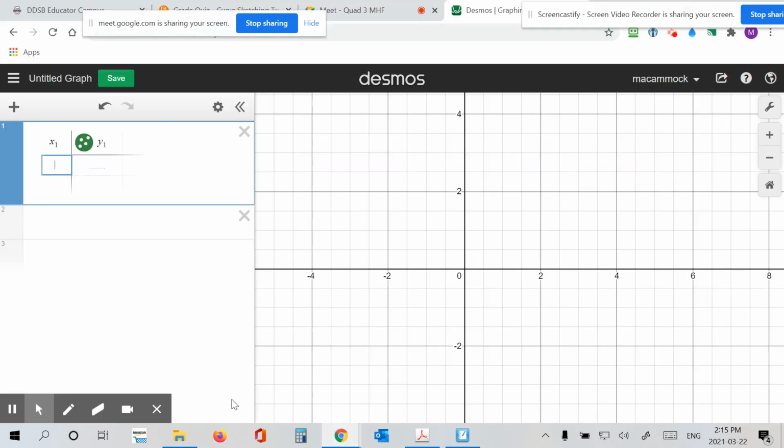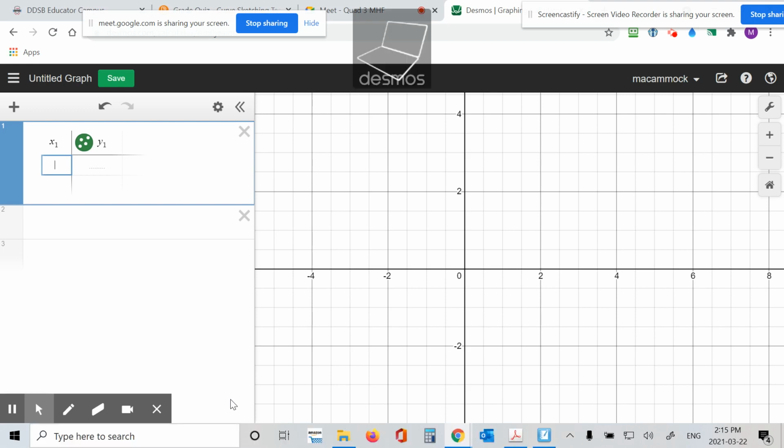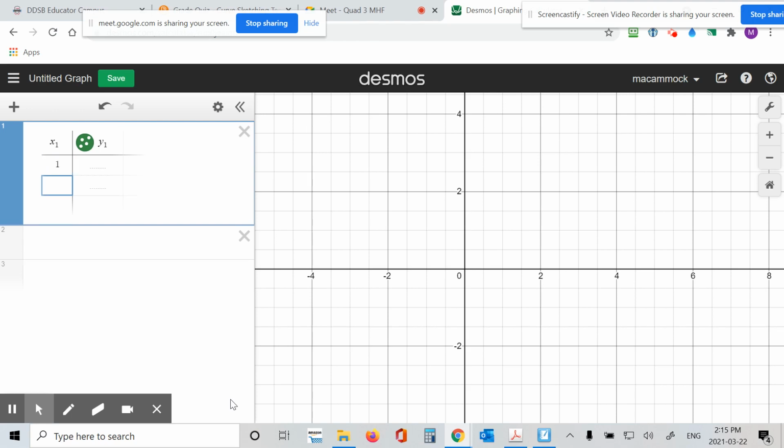So my X column is my first column, and I'm going to start, well, actually, I need my keyboard for this. I'm going to start by entering my X values. So the first value, of course, is 1. It's going to go down, and I'm going to go to 4. Now, Desmos has a way of trying to predict what you're going to do next. You see it's trying to put in 7, because it went from 1 to 4, which is a jump of 3.